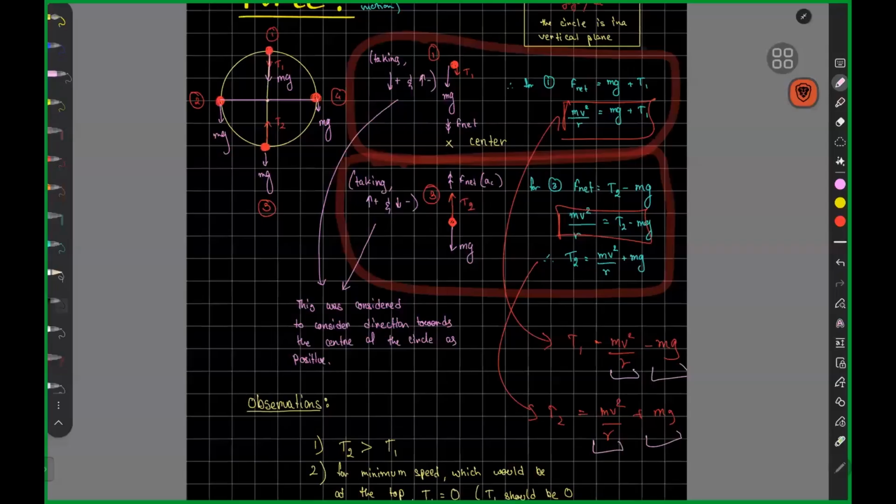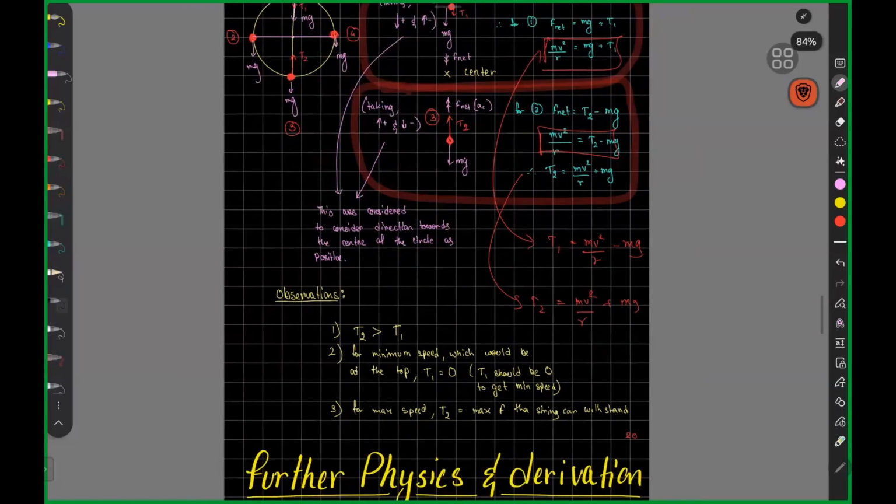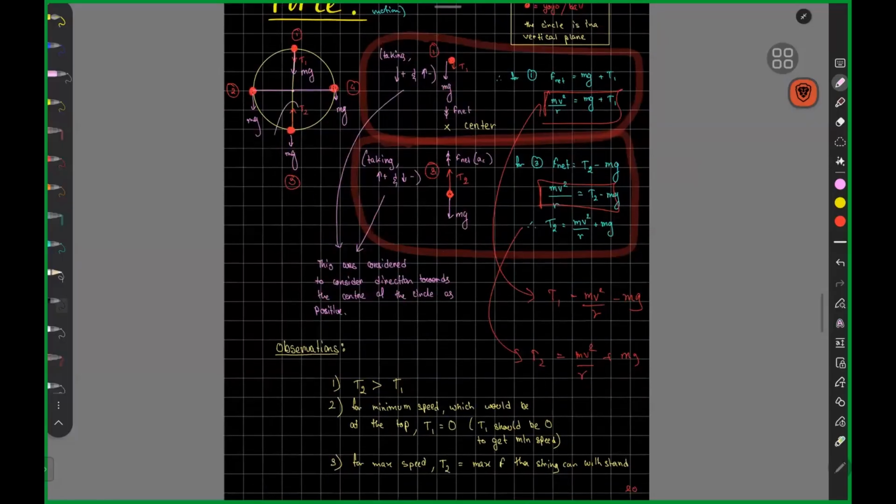Where you have the problem is this uppermost position. That's where the problem is. Why? Because of how the equation is. See, if you understand the equations over here, half the job is done, right? So what are my observations? Again, my tension at position three, or the lowest position, will always be greater.